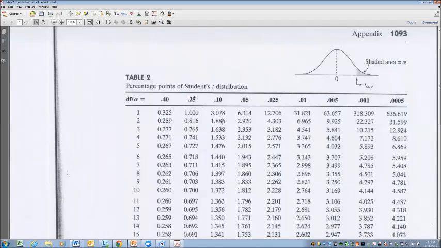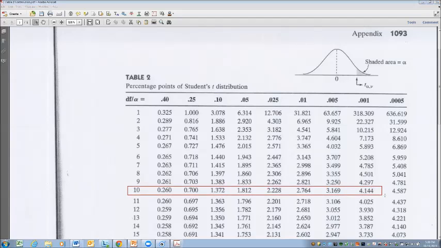If I were to come up with t sub 0.2 with 10 degrees of freedom, I would look in the 10 row. I seem to have lost my cursor here. Give me a second to find it. There we go. I would go to the 10 row, and I would look in the 0.2 column. Well, I don't have 0.2, so it's going to be somewhere between 1.372 and 0.7.